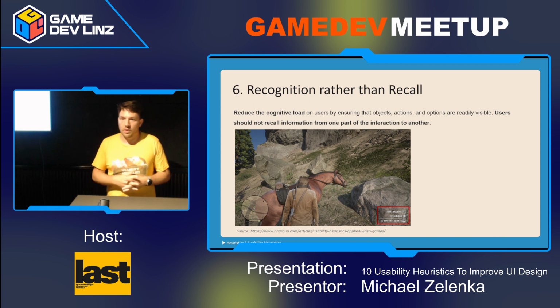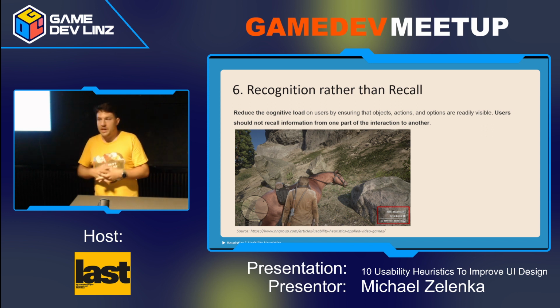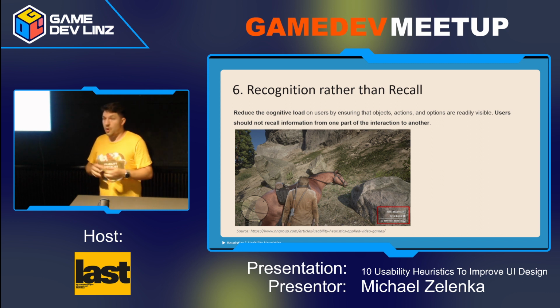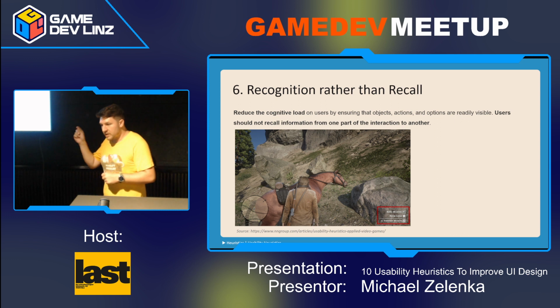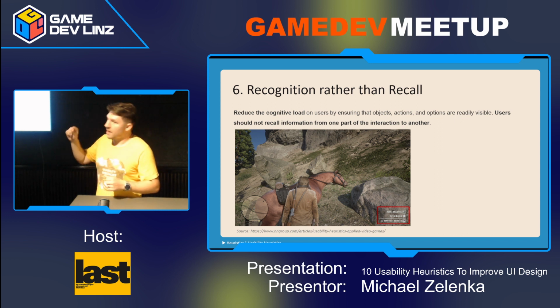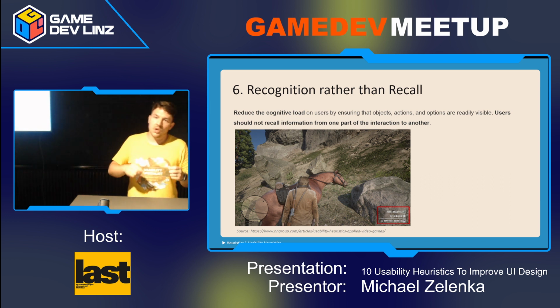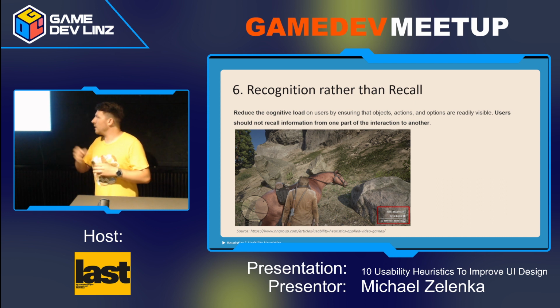For instance, if you're riding a horse, then they will show you shortly or for a longer time the controls, so you don't have to recall how it works. And it works very well if you use icons, because for us humans it's easier to recognize shapes rather than whole words.